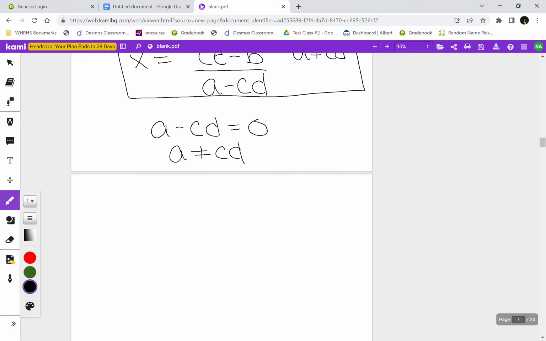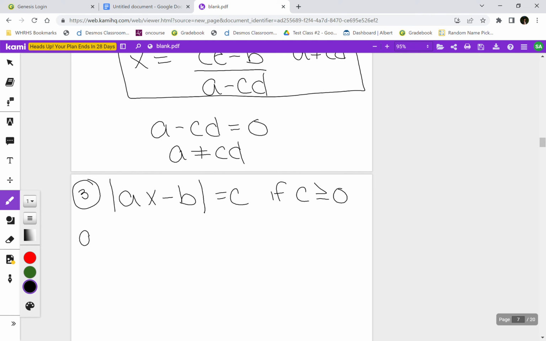All right, last one. The absolute value of ax minus b is equal to c, if c is greater than or equal to 0. Because it's an absolute value, don't I have to make two different equations?